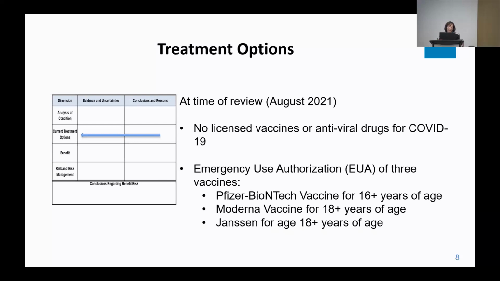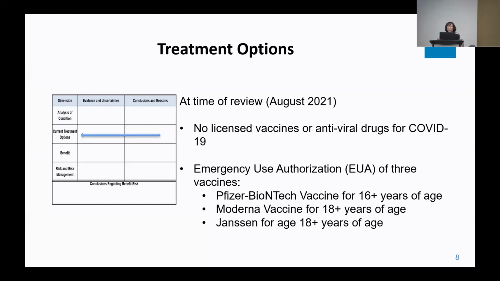These are the Pfizer BioNTech vaccine for 16 years and older, the Moderna vaccine for 18 years and older, and also the Janssen vaccine for 18 years and older. And the EUA is basically an authorization by FDA to distribute otherwise unapproved products under a public health emergency.